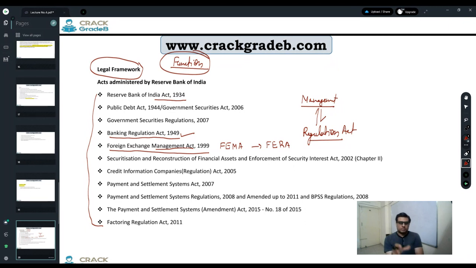Suppose that you are a banker. You must follow the rules and regulations written in the rule book. It doesn't matter what the situational requirement is, you must follow what is written there.